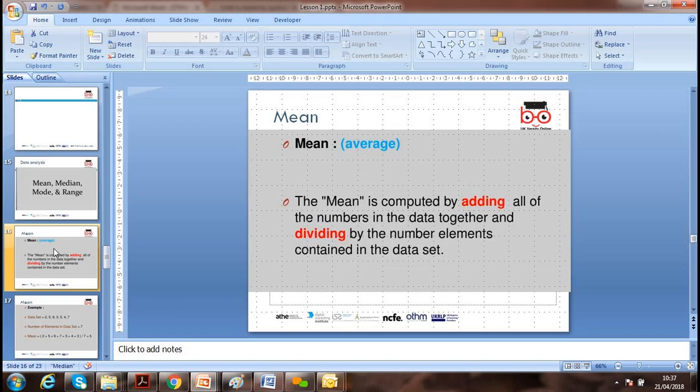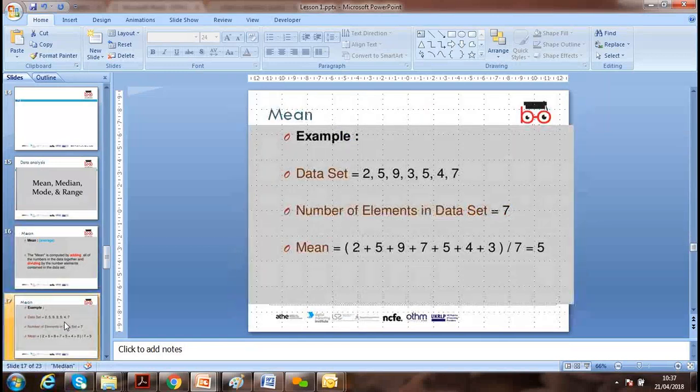Okay, so mean is average. The mean is computed by adding all the numbers in the data together and dividing by the number of elements in the data set. In this case, the data set is 2, 5, 9, 3, 5, 4, 7. How many numbers do we have? 7 numbers.